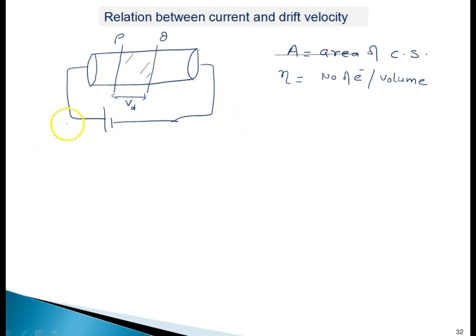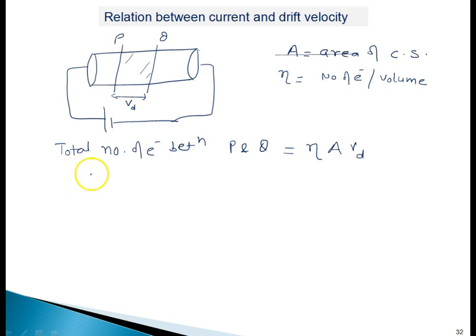So I write here: total number of electrons between cross sections P and Q. You will say n is the number of electrons per unit volume, and the volume of this part is written as area into distance. We have one second Vd as the distance. So sorry, this is the total number of electrons.